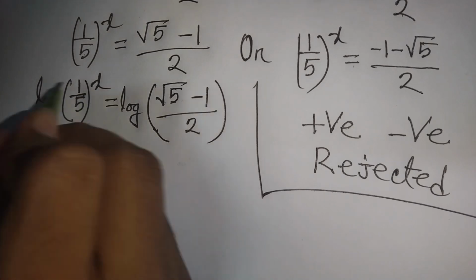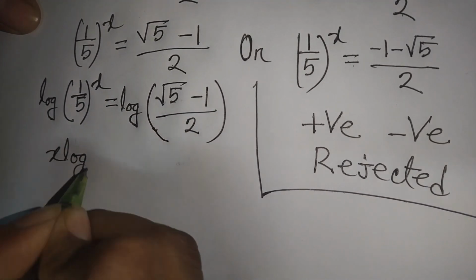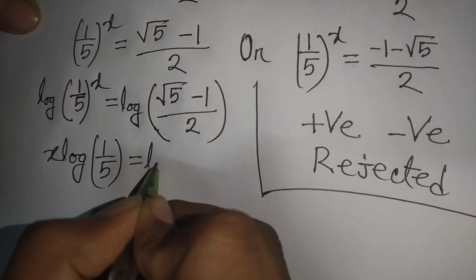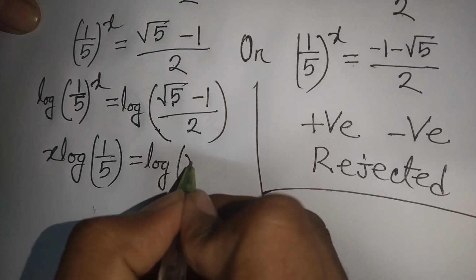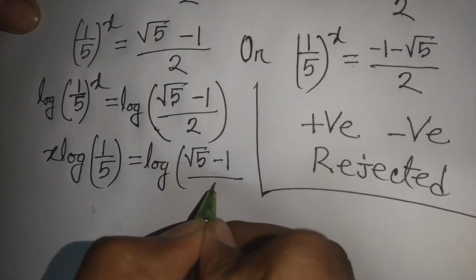Now this power x will move to the front, so you can write here x log of 1 by 5 is equal to log of a square root of 5 minus 1 divided by 2.